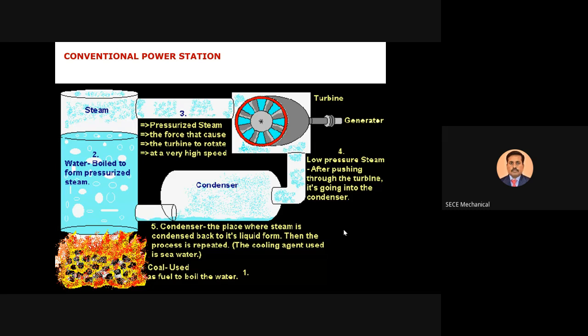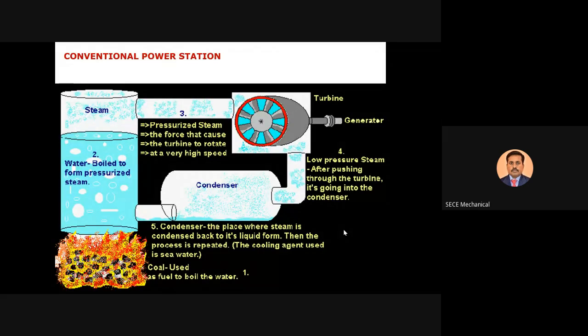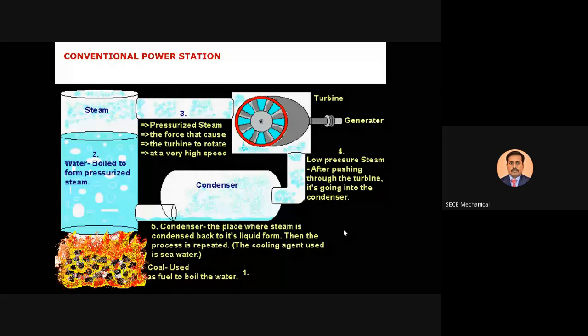Producing power with the help of that waste heat, we can produce steam, and again it will generate power. So this is called combined cycle. In a normal conventional power station, we can build in the combined cycle.